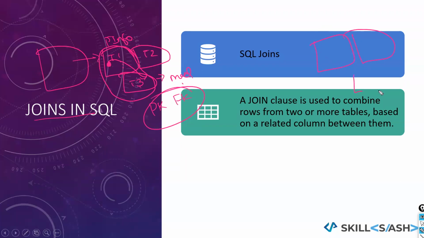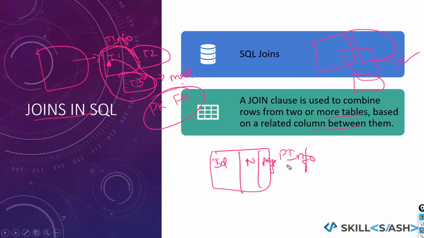Basically, all these different tables you can join together in order to answer one problem statement. A join clause is used to combine rows from 2 or more tables based on a related column between them.